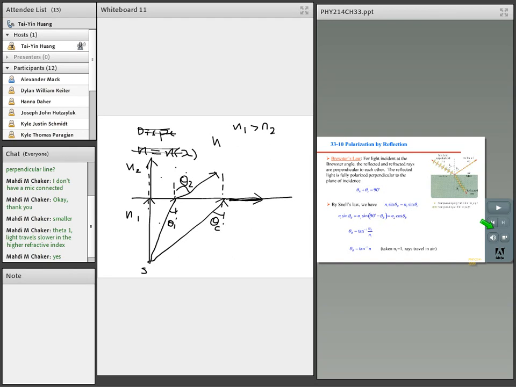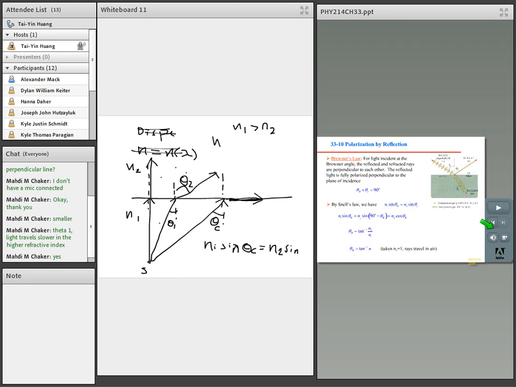We have n1 sine theta C, that's equal to, for this refracted ray, n2 times sine of the angle of refraction.